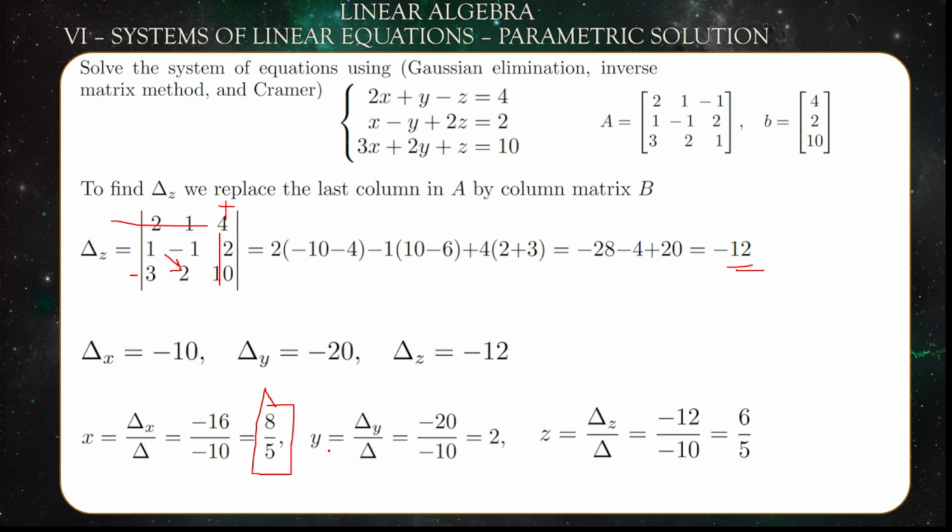Now y is equal to delta y divided by delta, equal to minus 20 divided by minus 10, which is also the same value we've gotten before. Then finally z is equal to delta z divided by delta, which is minus 12 divided by minus 10, or 6 divided by 5.